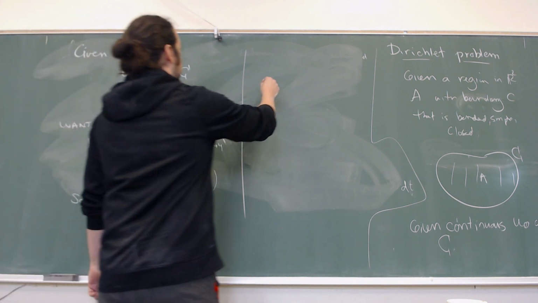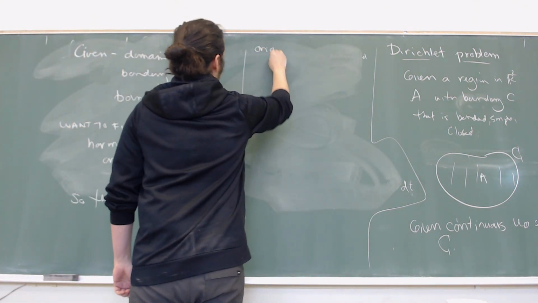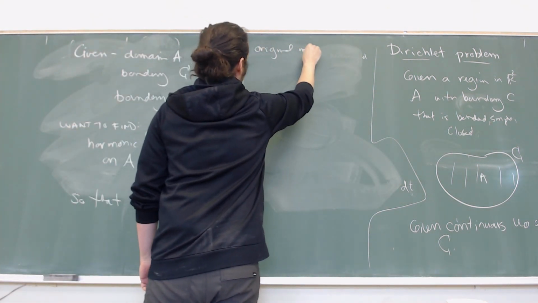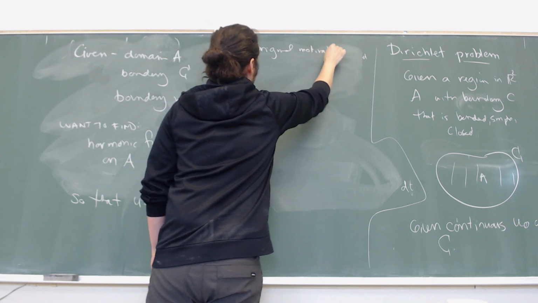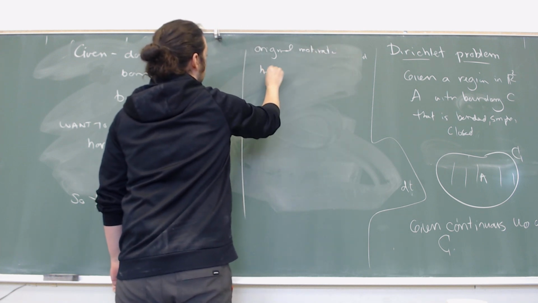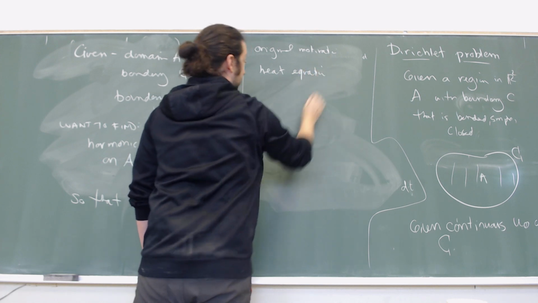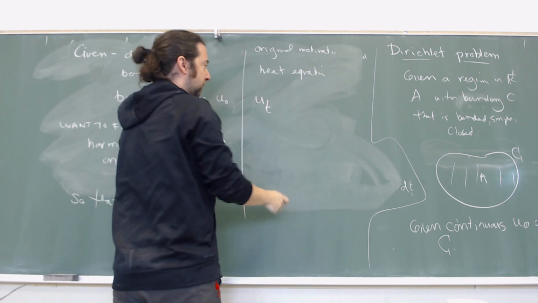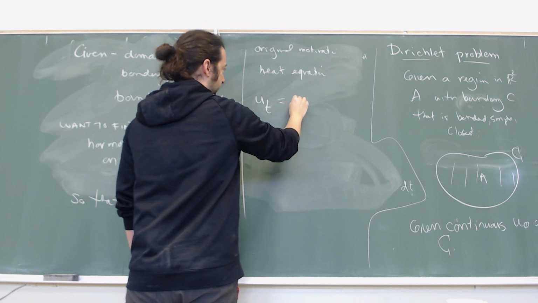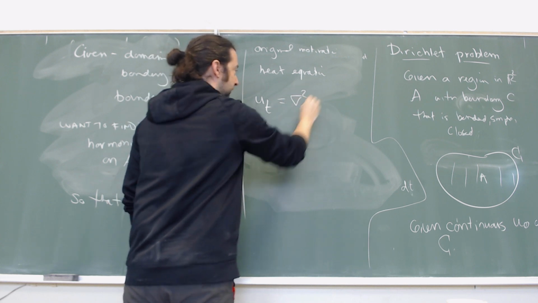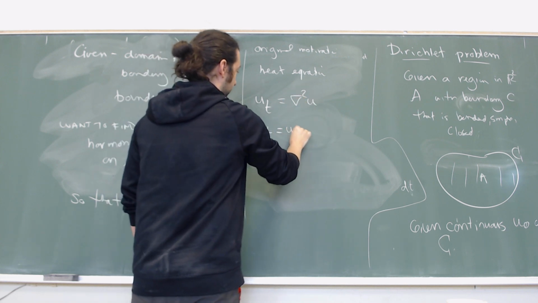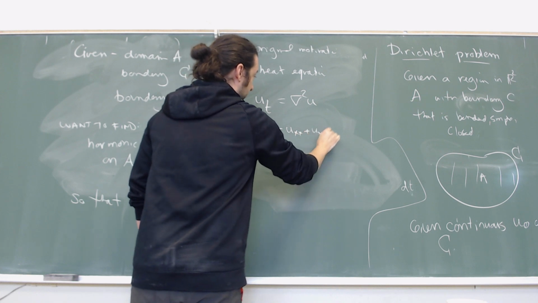So the original motivation comes from something called the heat equation. The heat equation in simplest form is ut is equal to the Laplacian of u, or if you like, ut is equal to uxx plus uyy.